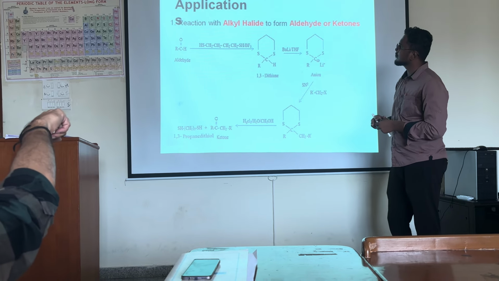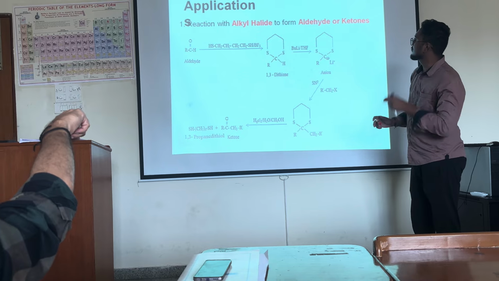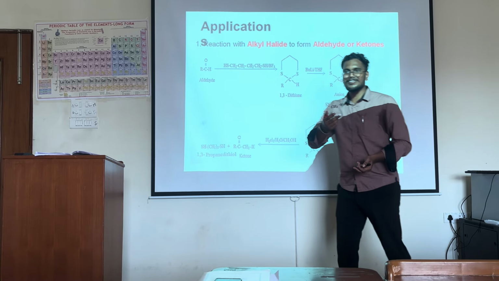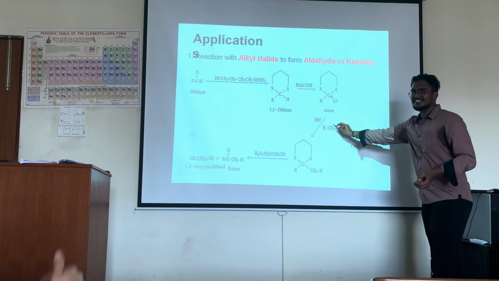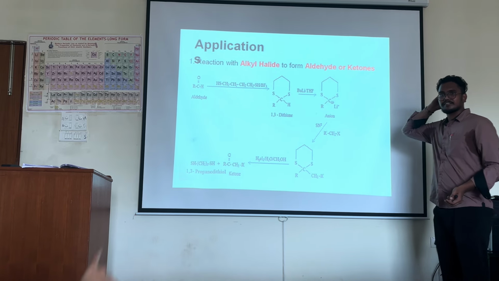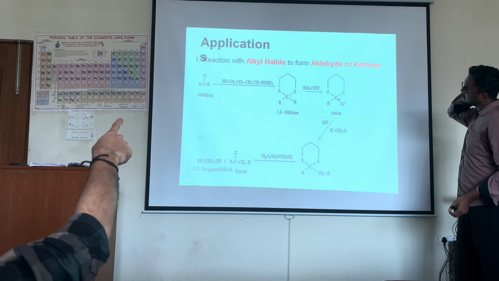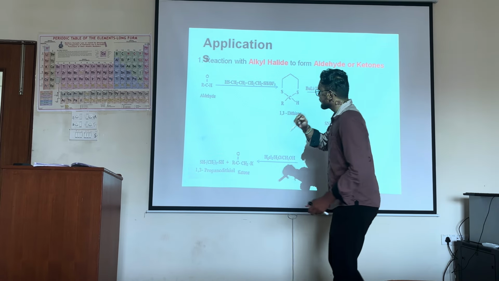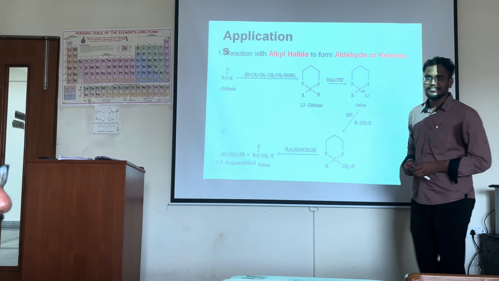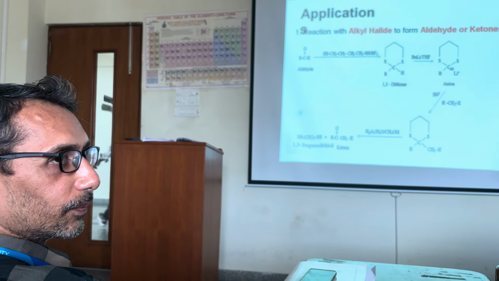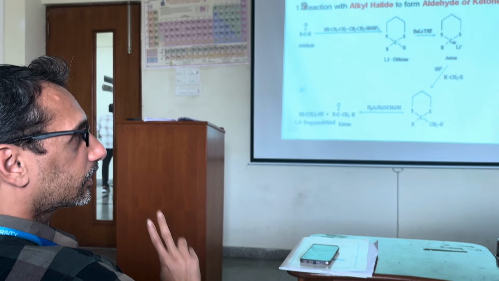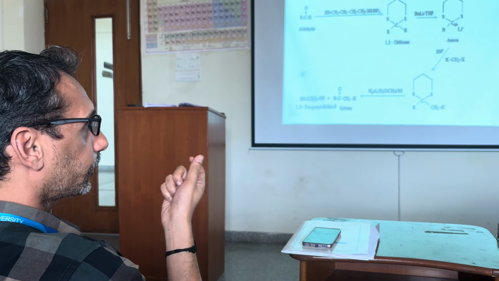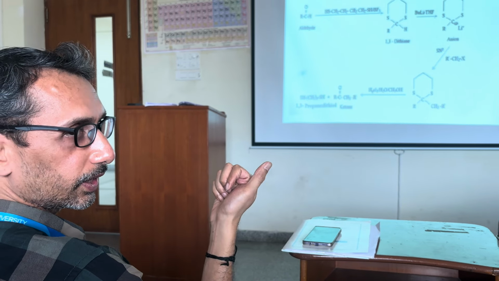But if you see the first step, it is a positive carbon, the carbonyl carbon in the aldehyde. It takes the alkyl halide only here. So from here to here, the conversion gives aldehyde or ketone preparation from alkyl halides. It is the conversion of an electrophilic carbon-based system into a nucleophilic carbon.